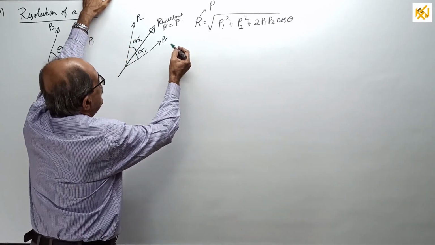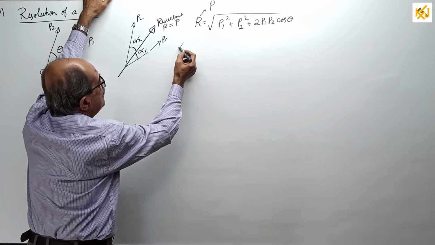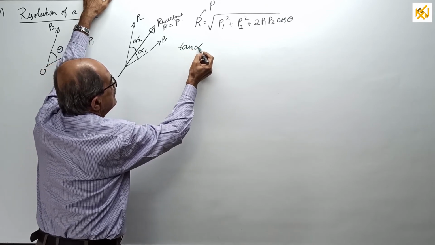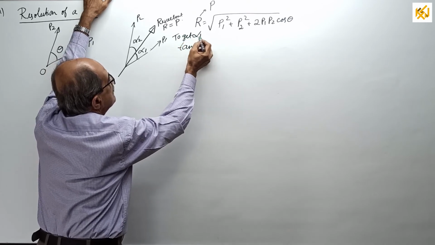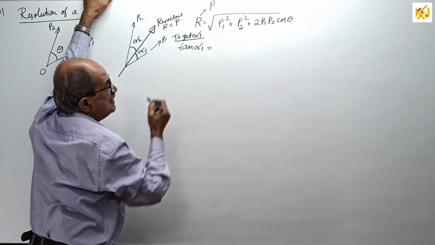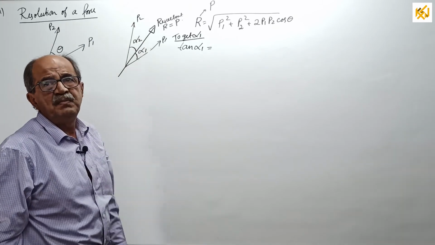Anyway, if you want alpha 1, then tan alpha 1, there is a formula. You remember by words.